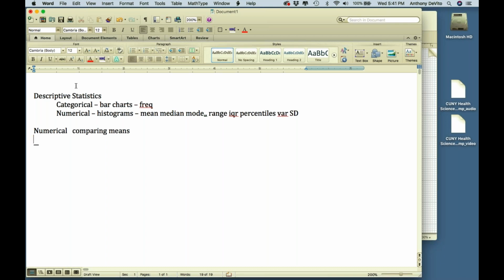In other words, we'd be combining a categorical or nominal variable with a numerical variable. And we'd be interested in seeing if there's a difference in the mean between the categories.